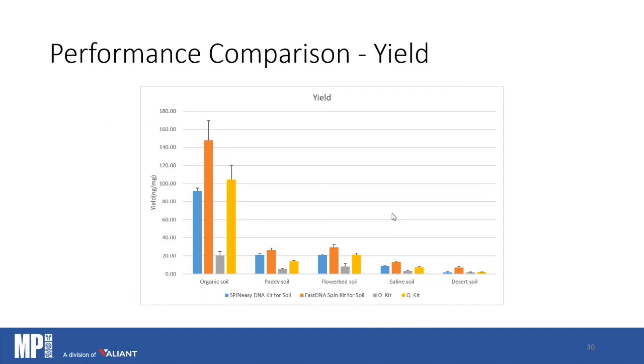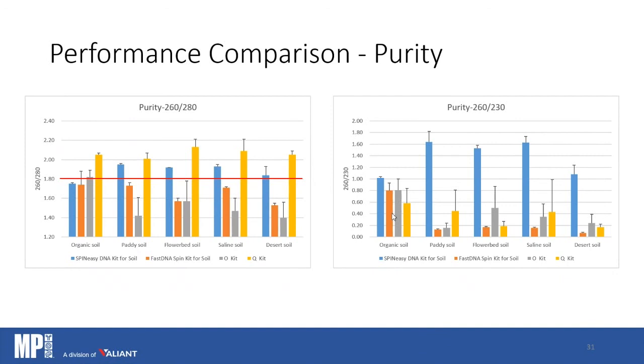And particularly, the FastDNA Spin Kit for Soil has the yield advantage by extracting the highest yield of DNA even from low biomass soil such as the desert soil. In terms of purity, SPINeasy has demonstrated outstanding performance by having the 260/280 closest to 1.8 and the highest 260/230 value.